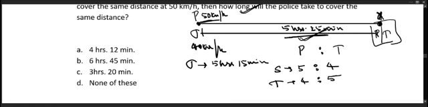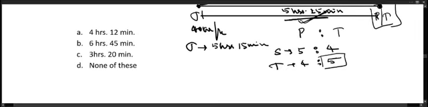As given, the time taken by the thief to cover the distance is 5 hours and 15 minutes. And according to the ratio, the time taken by the thief is 5 units.